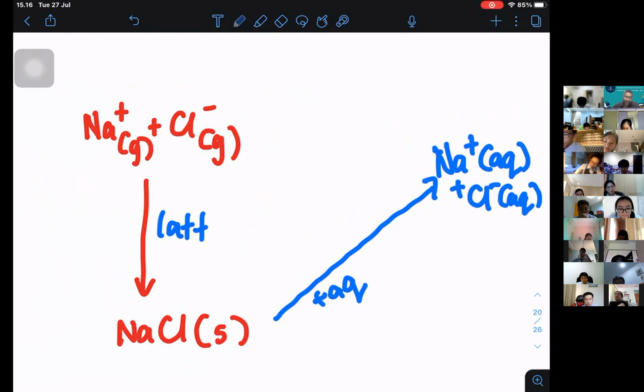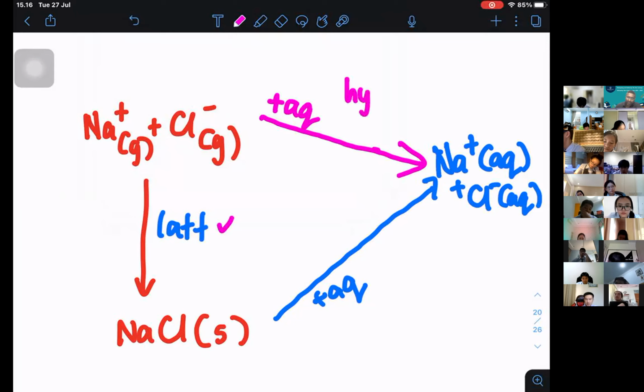And the last one that we have learned today is how we combine this link: the gas forming this is going to be your hydration. So you add aq. This is lattice energy, this is hydration, and this is solution.